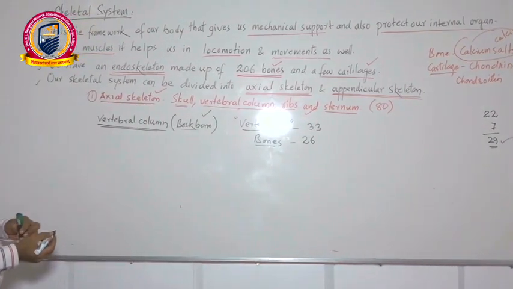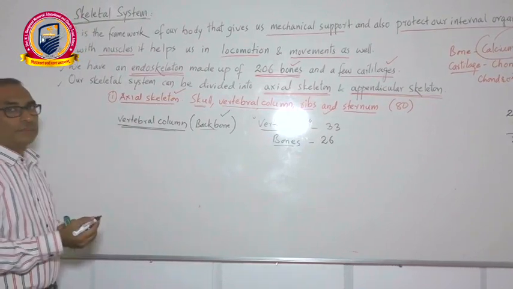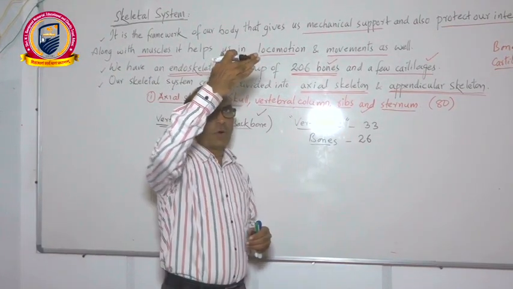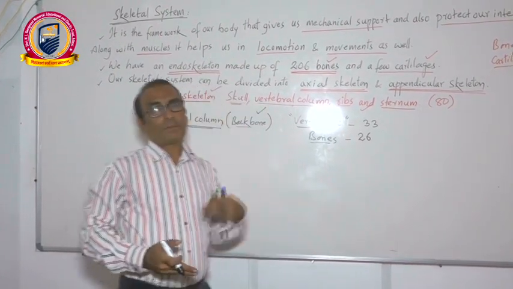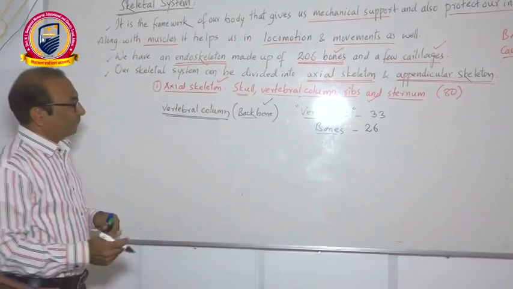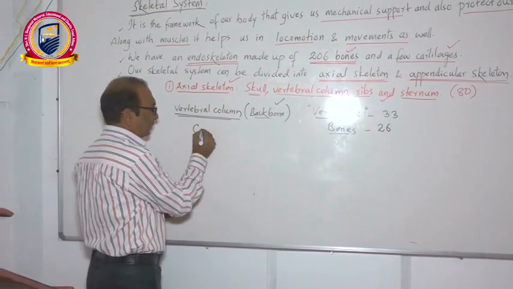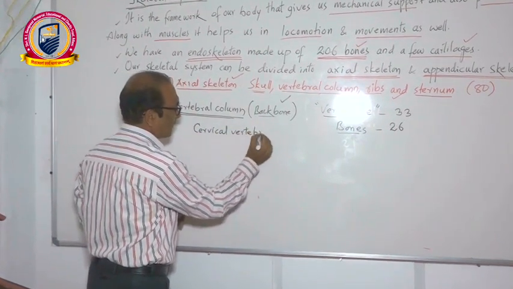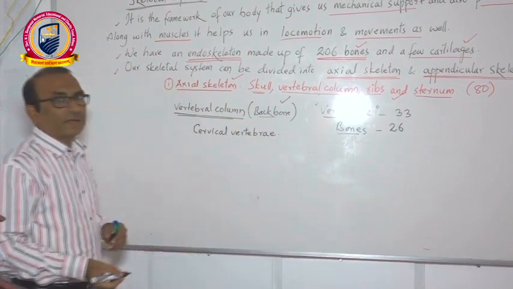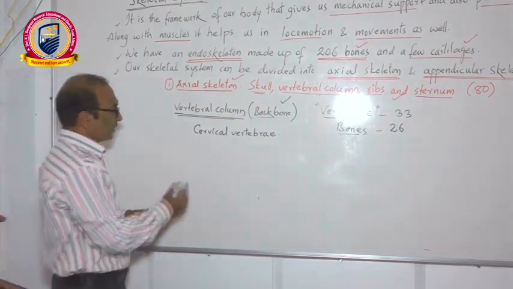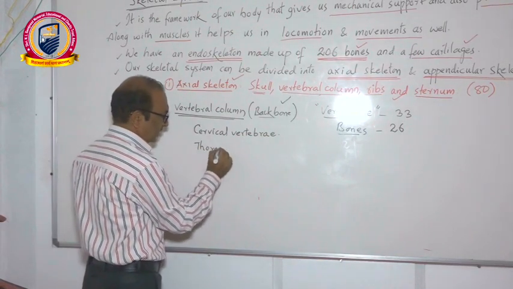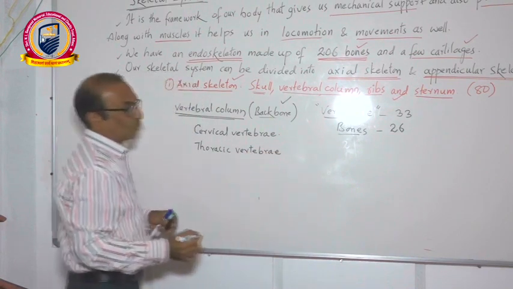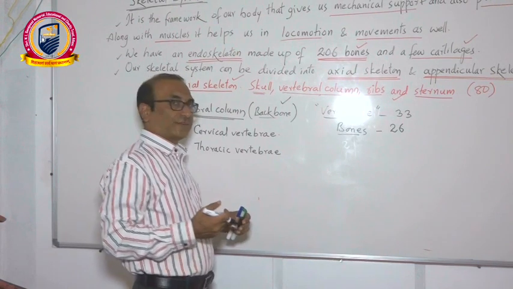Let's take up one by one. The vertebral column has vertebrae in the form of a string all along the backbone, starting with the cervical vertebrae in the neck region, and then the thoracic vertebrae, which are in the upper part of the body, the thorax region.